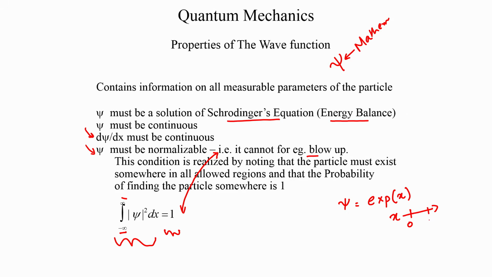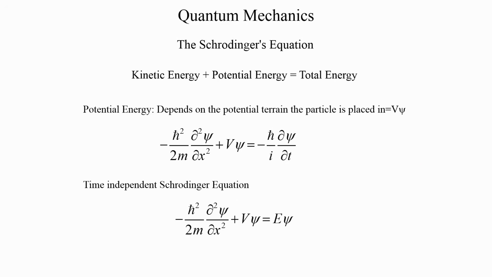We are looking at this region of space. So we see that as x heads towards infinity, the amplitude of the wave function also heads towards infinity. This cannot be allowed to happen, okay. So the only possible solutions of the wave function must be limited by this criteria, by this integral.